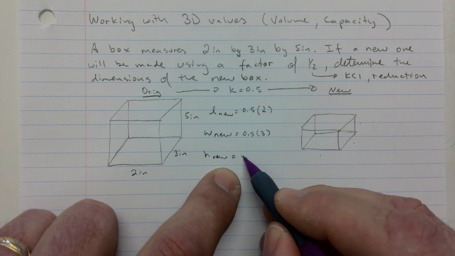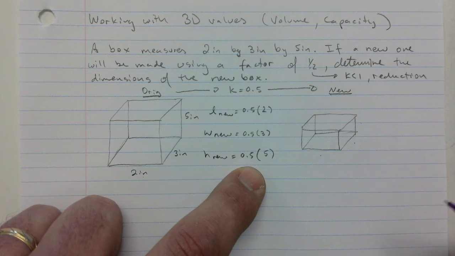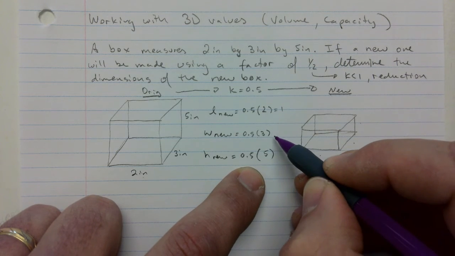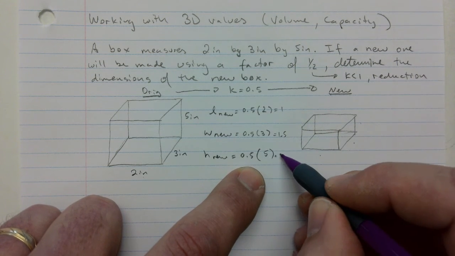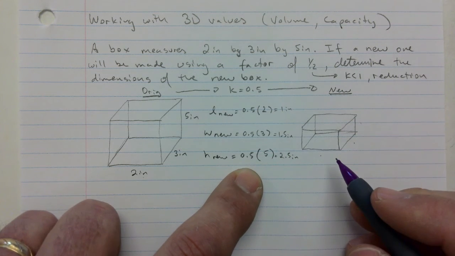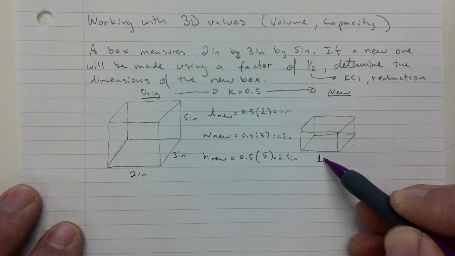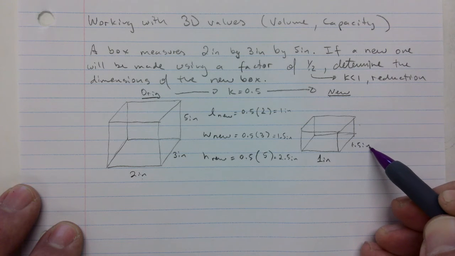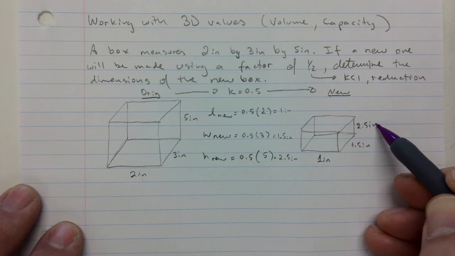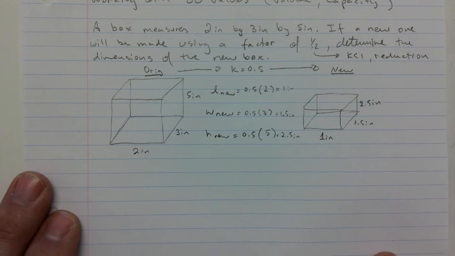And so it's 0.5 times 5. So we get 1 here, we get 1.5 here, and we get 2.5 there. It's all inches, right? It's a little bit close to my new shape, but that's fine. So we got 1 inch, we get 1.5 inches here, and we get 2.5 inches there. And I like to have that visual there, right? You didn't really have to, but I think it makes it easier to see where we're going and to follow.